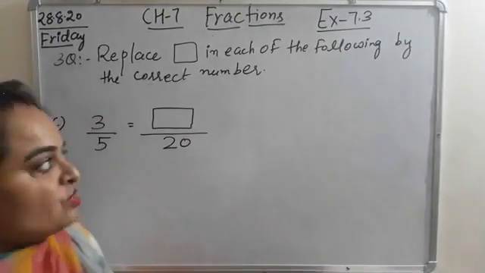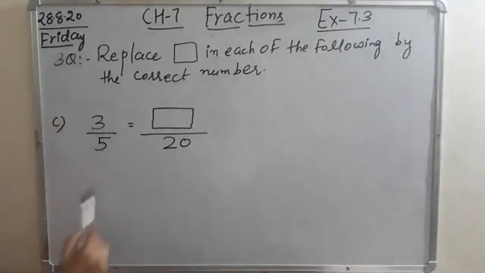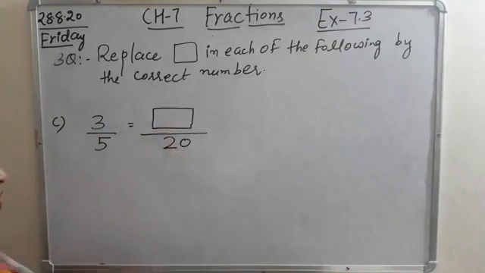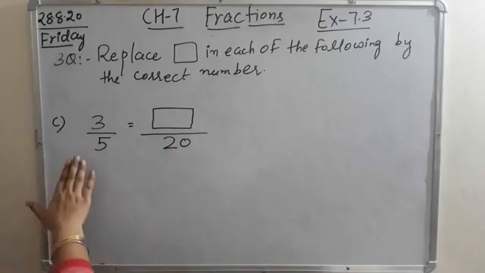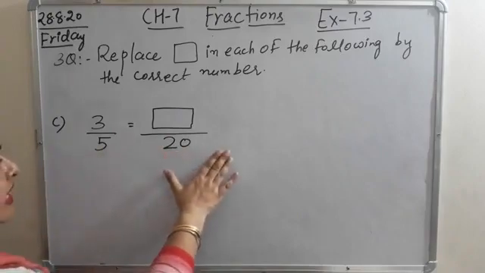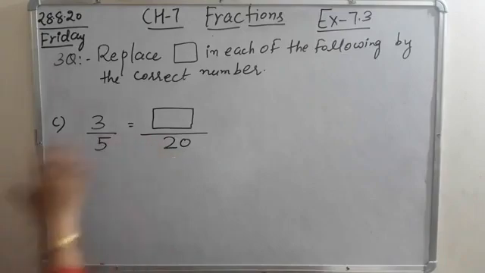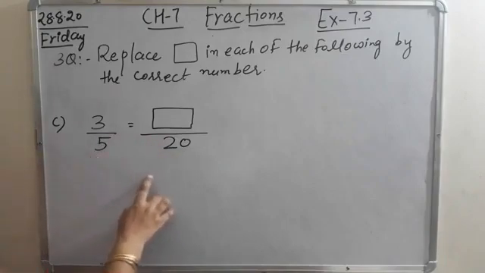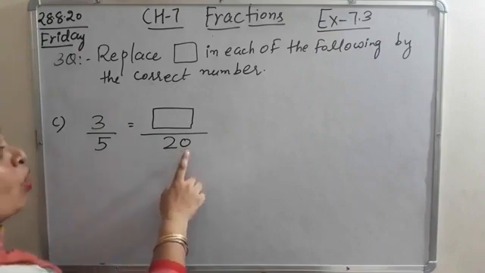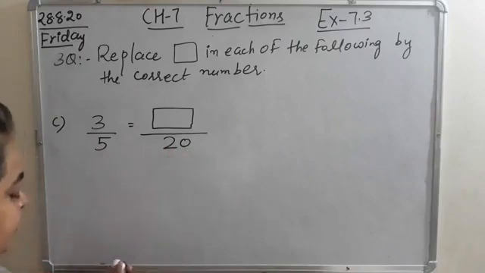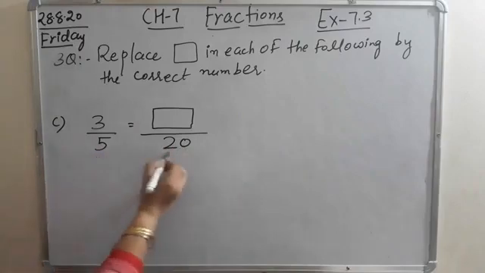Now C part, 3 by 5 is equal to box upon 20. Now check, on left hand side and right hand side, denominators are given to you. Now we will start the sum with the help of denominators, because denominators are given on both the sides. Now observe, 5 has become 20.